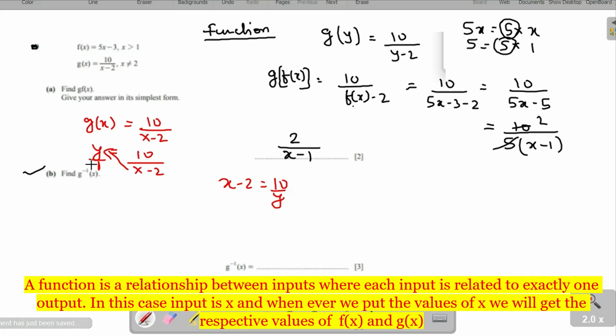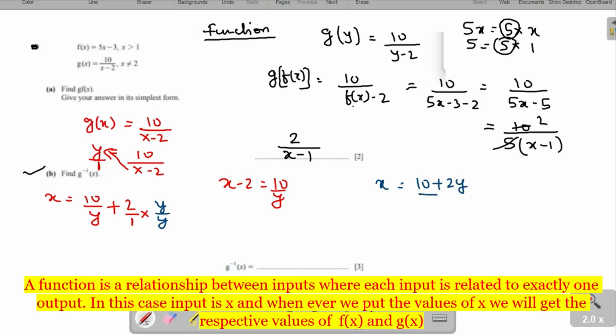So 10 upon y is equal to x minus 2. I can write x equals 10 upon y plus 2. To perform the addition, here is y and here is 1, so you have to multiply by y to make the same denominator. So I write x equals 10 plus 2y upon y.